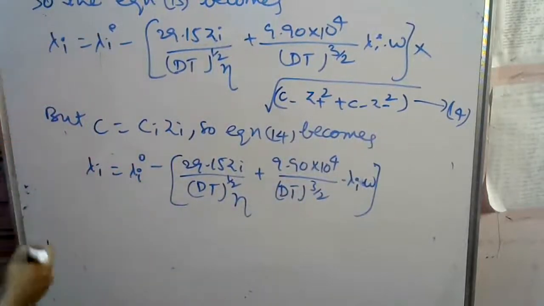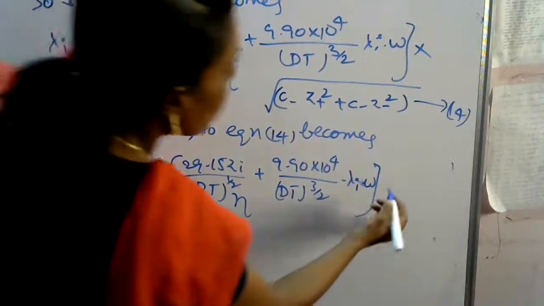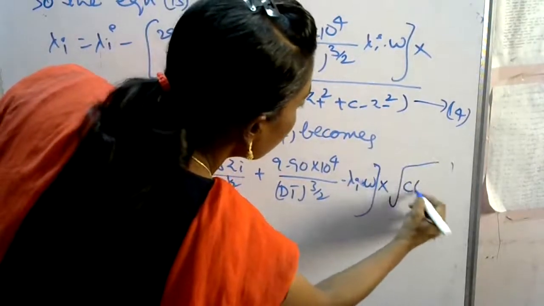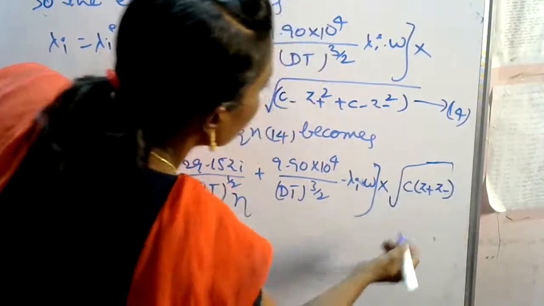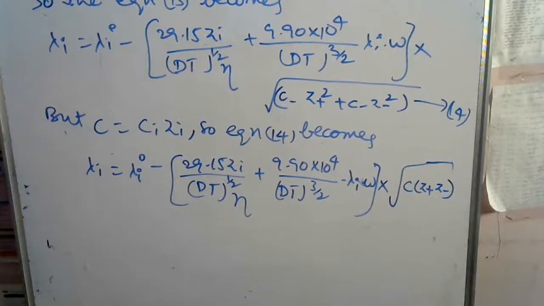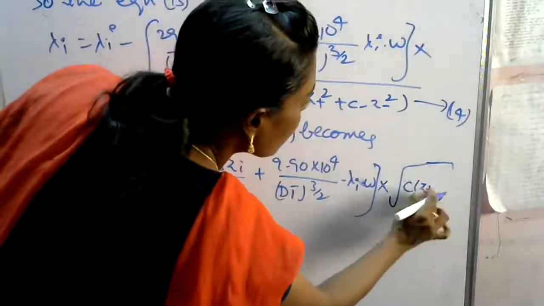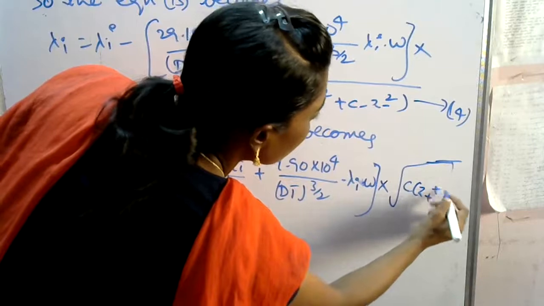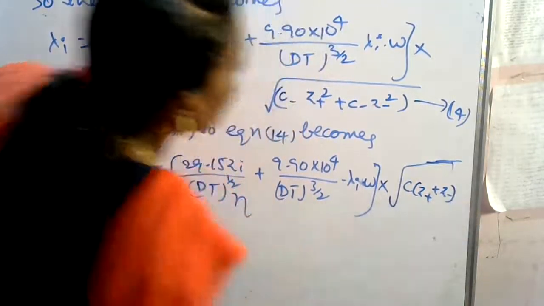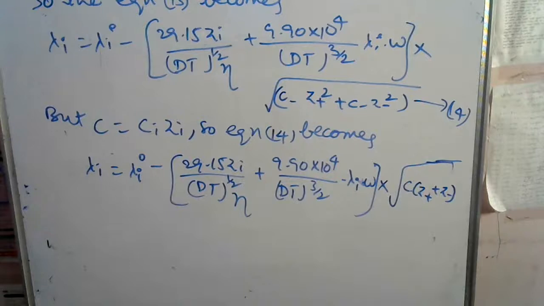So instead of this we have to simply substitute this as root of C, Z plus and Z minus, Z plus plus Z minus. Okay, this is equation 15.